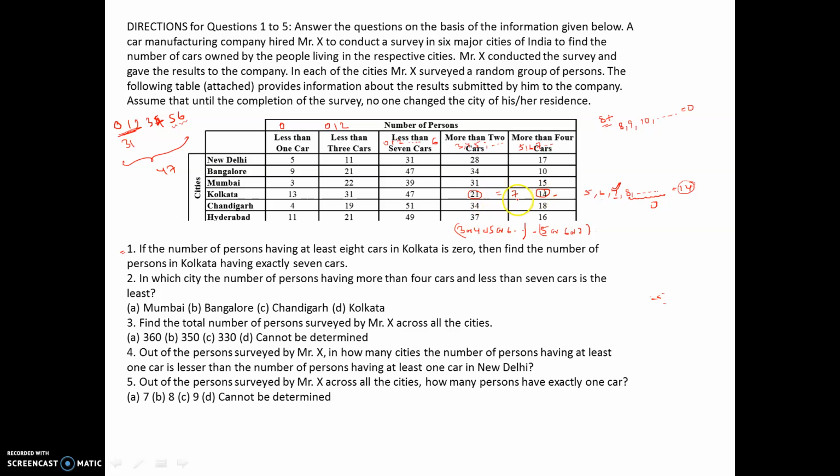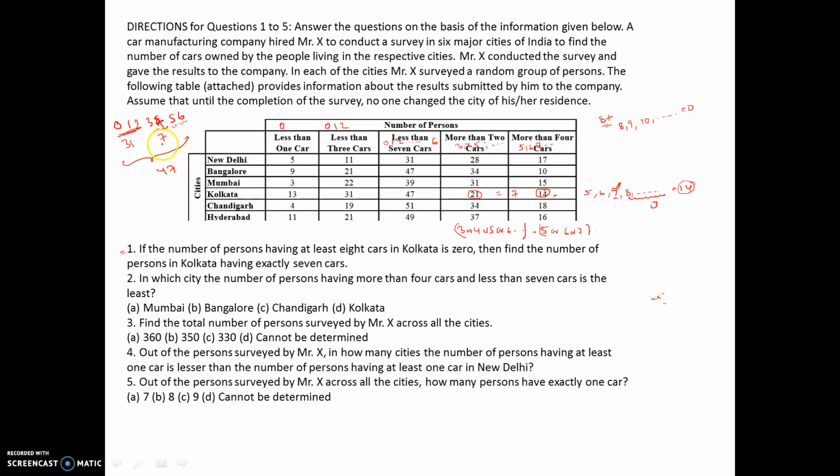These 7 people are such who have either 3 cars or 4 cars. So I could have said this is 7. Out of 47 who have 0 or 1 or 2 and so on up to 6, 38 have at the most 4 cars, right?